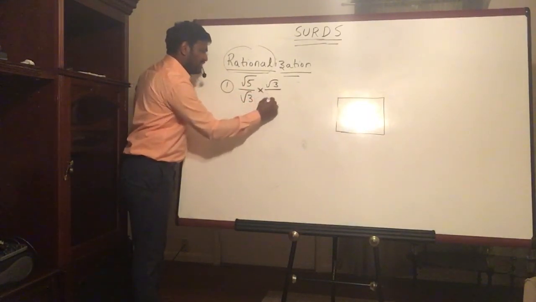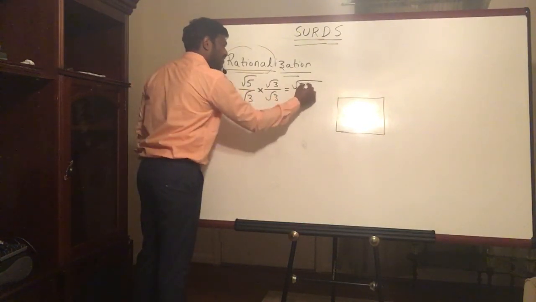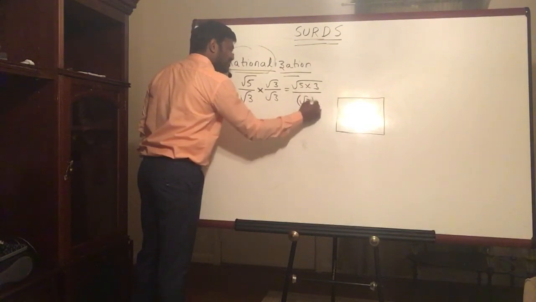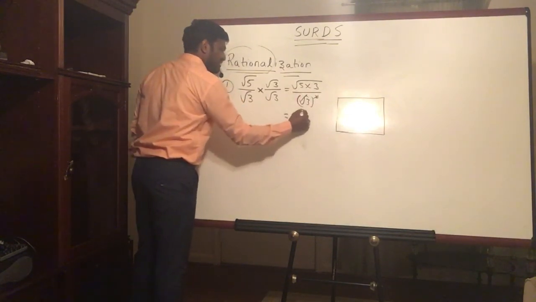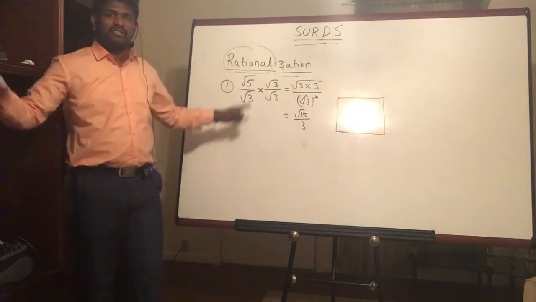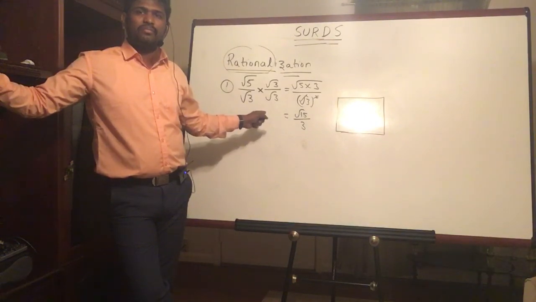This is square root of 5 times 3 divided by root 3 squared. The square gets cancelled, giving square root of 15 divided by 3. This is rationalizing the denominator.